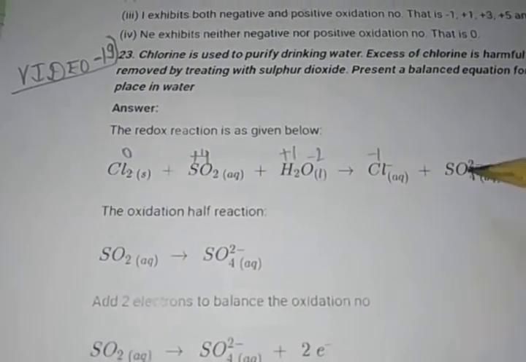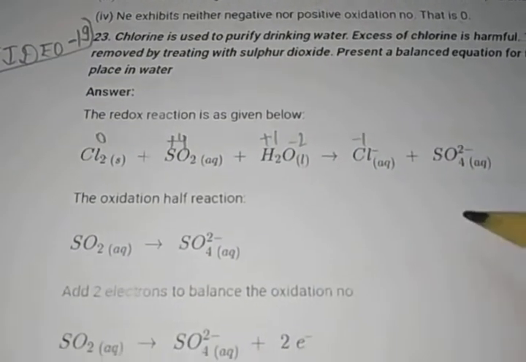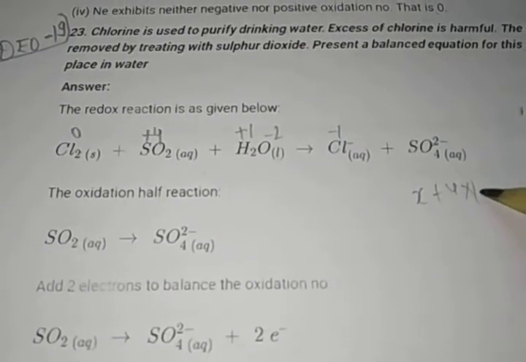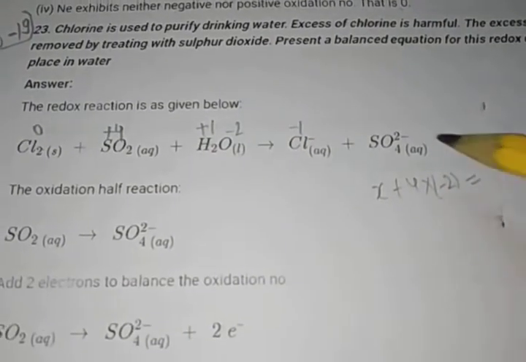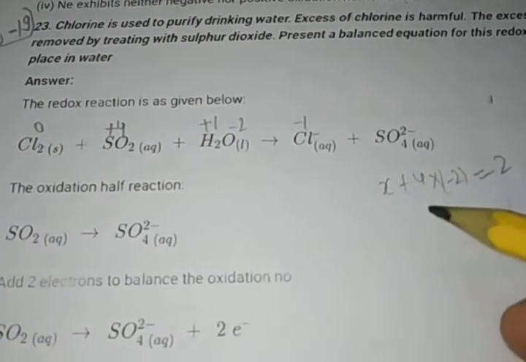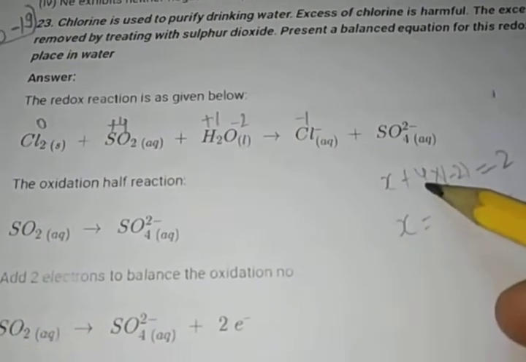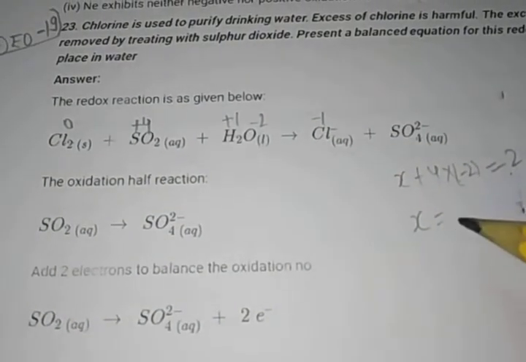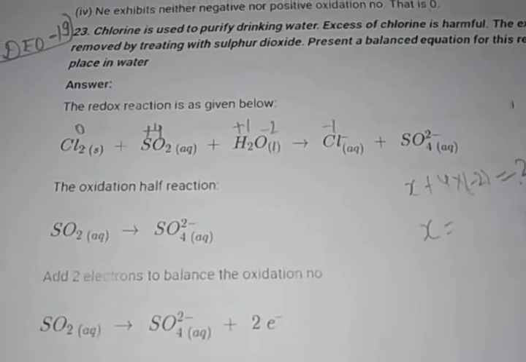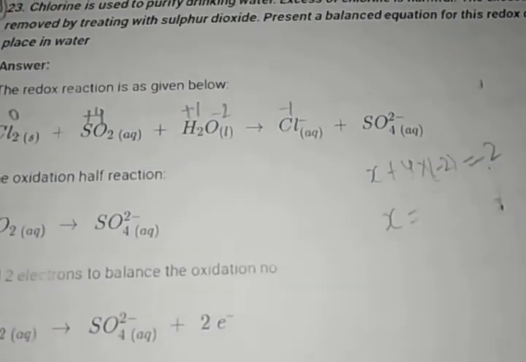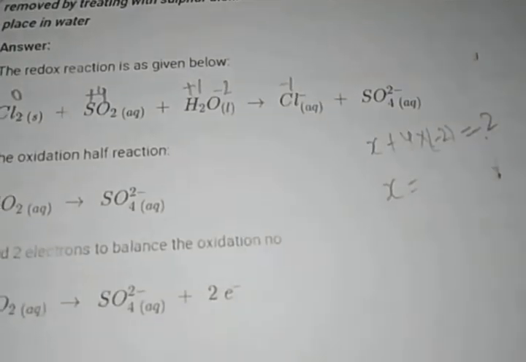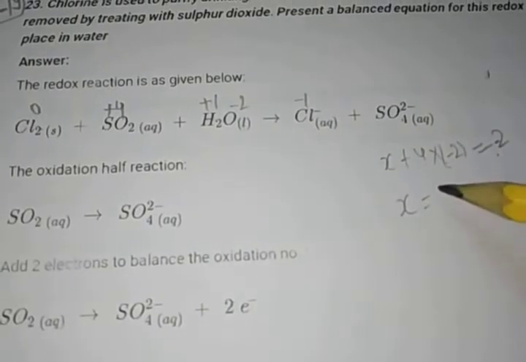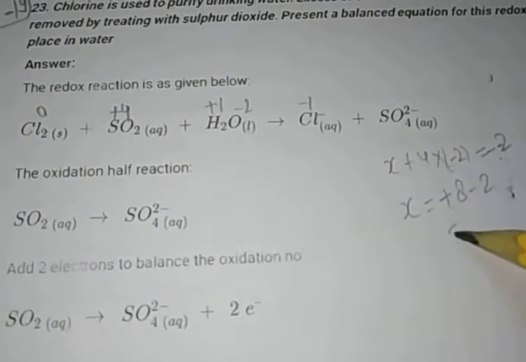For the sulfate ion, X plus 4 into -2 equals the charge -2, so X is equal to +6.